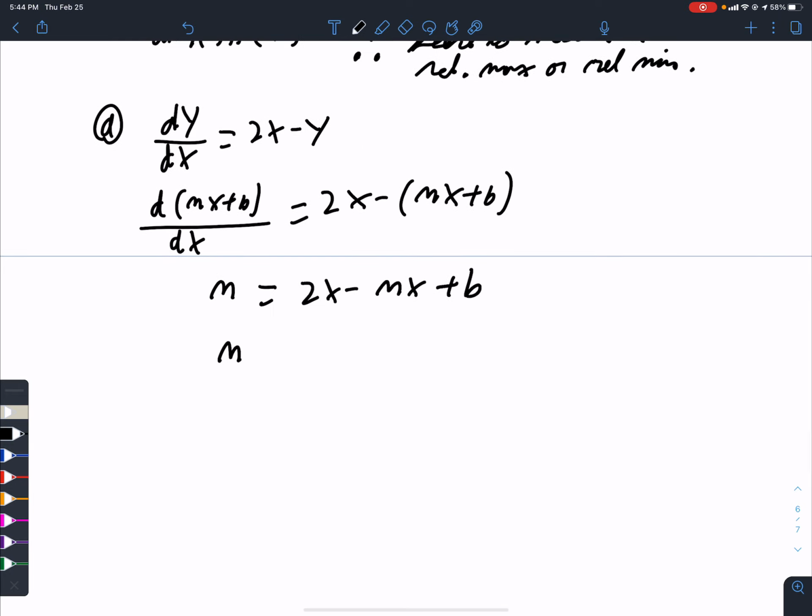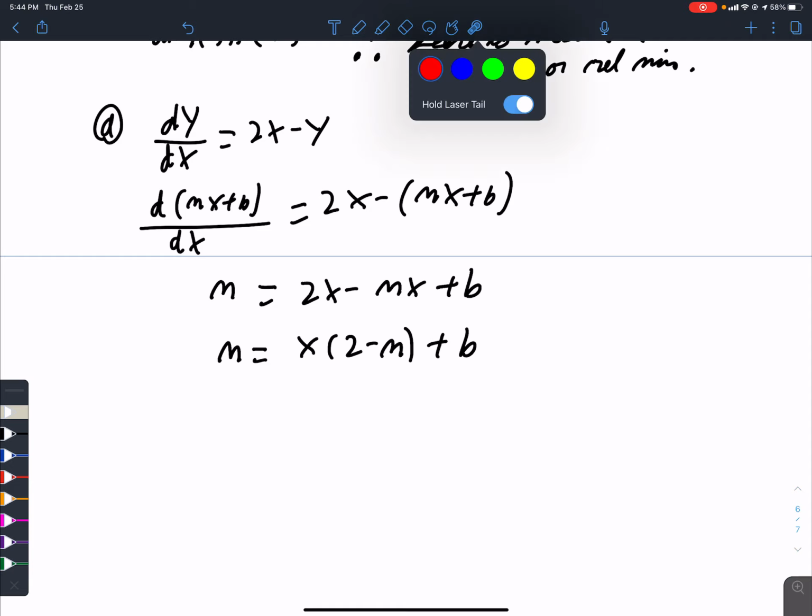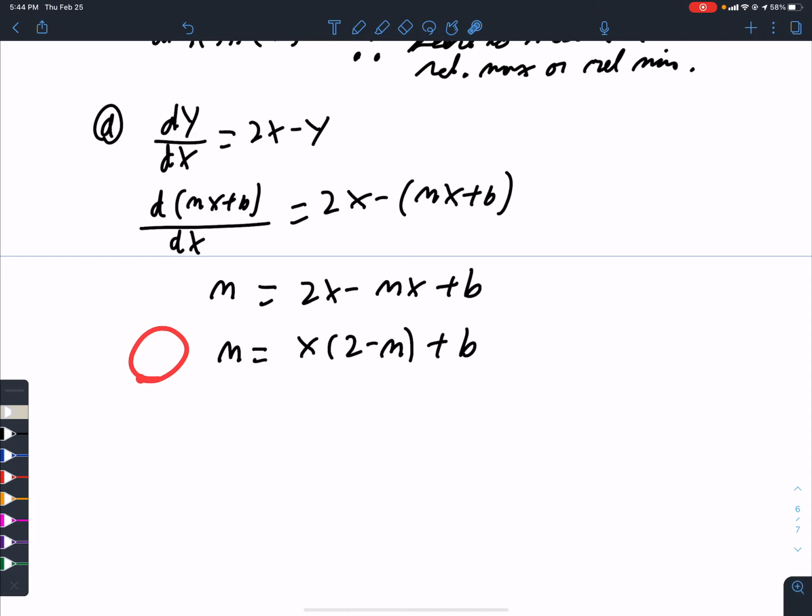So I'm going to factor out the x. And we get 2 minus m, plus b. Okay, are you ready for this? In order for this side to equal this side, a couple things must happen. What's the value of x on this side? I have 2 minus m times x. What's x over there?